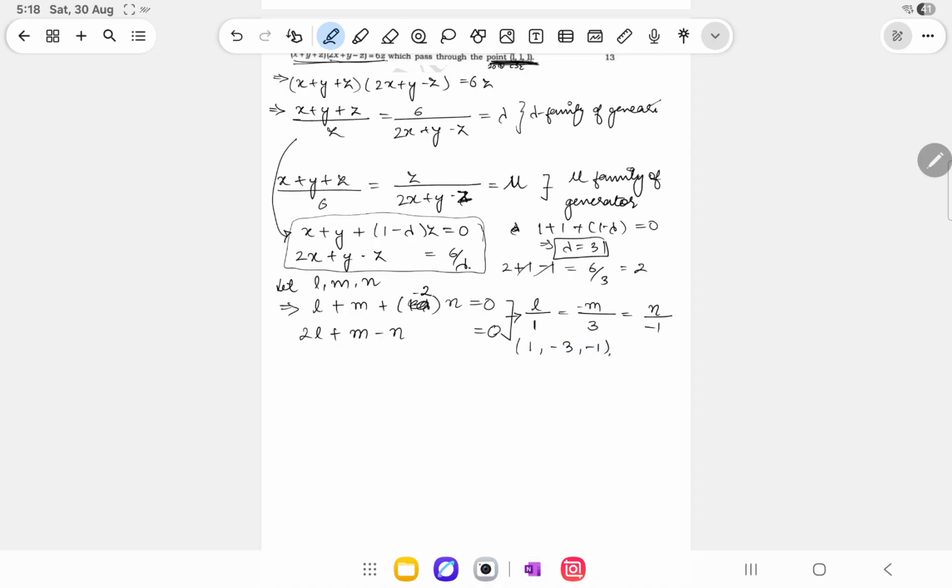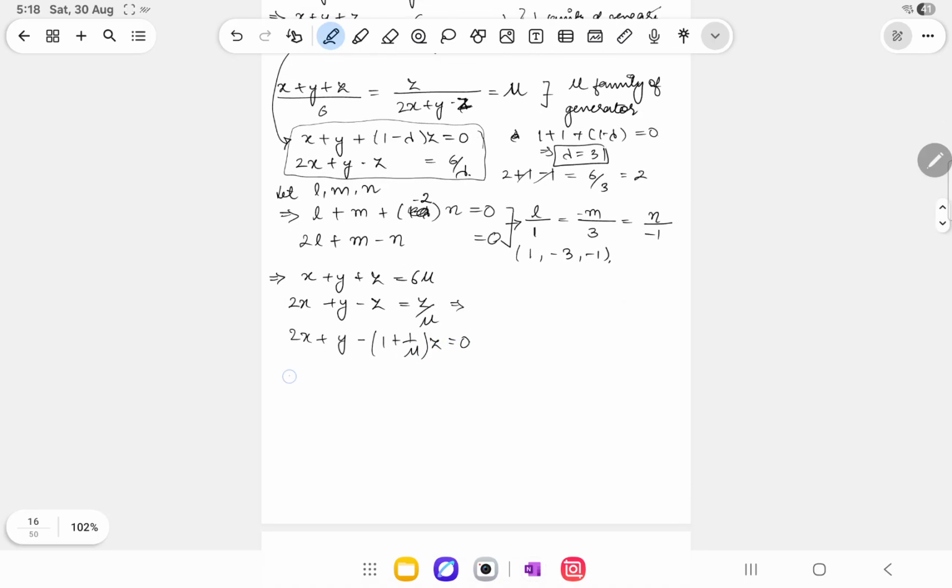Likewise, if we solve for the mu family, we'll get two equations of planes: x plus y plus z is equal to 6 mu, and 2x plus y minus z is equal to z by mu, which is 2x plus y minus (1 plus 1 by mu) z is equal to 0.